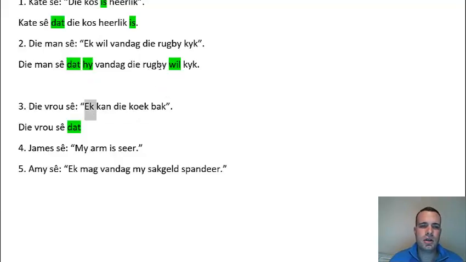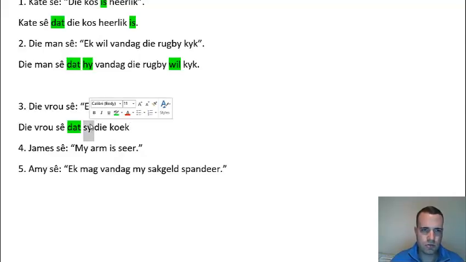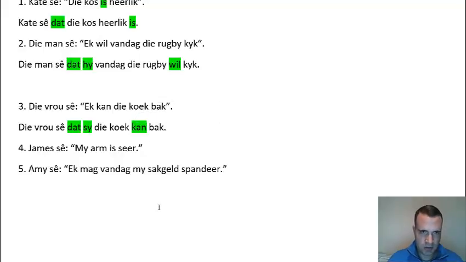The woman says that she can bake the cake. Die vrou sê dat sy die koek kan bak. The kan is a helping verb, so it's not going to move right to the end. It's not going to move over your other verb there at the end, which is bak. So it's going to stay like that.